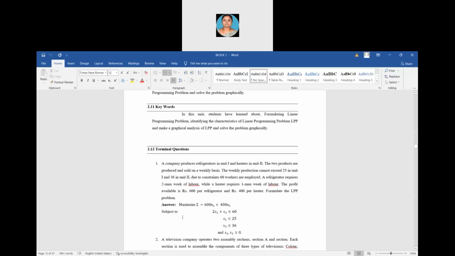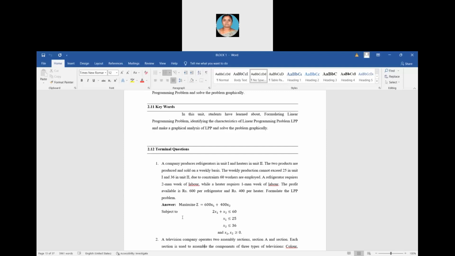And in the terminal questions also, from the question itself, we can identify the word profit. Profit means definitely it should be maximized only.